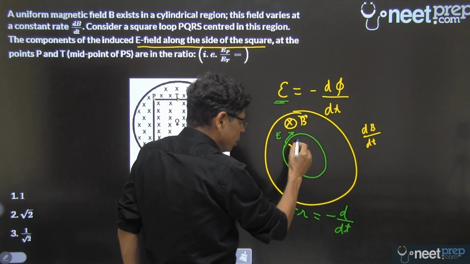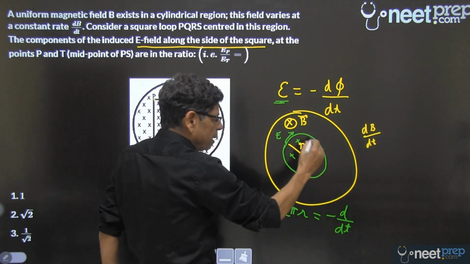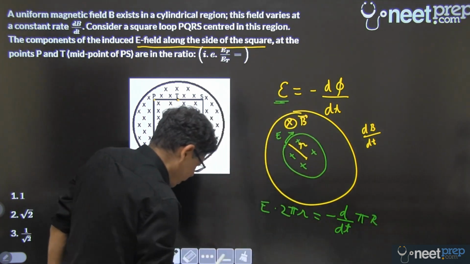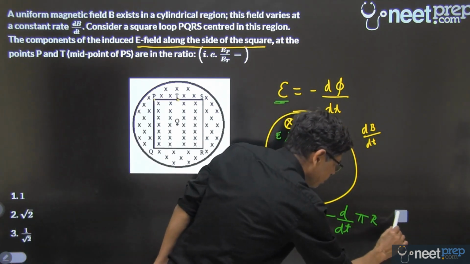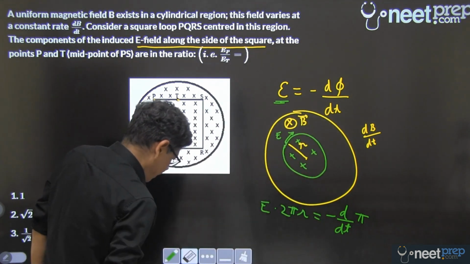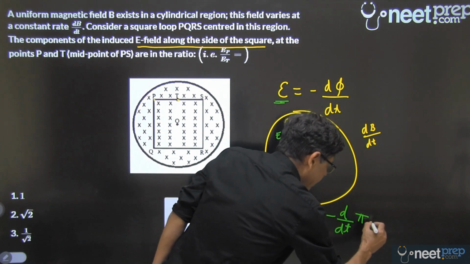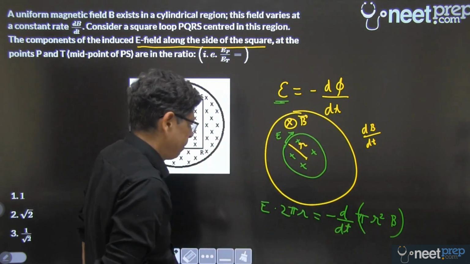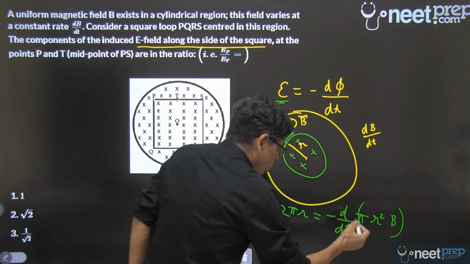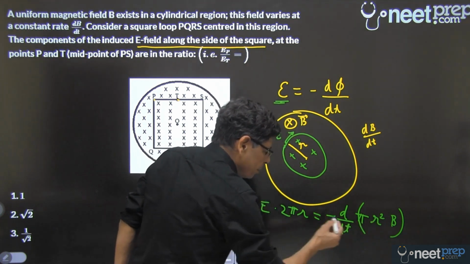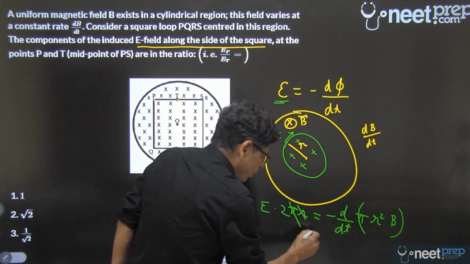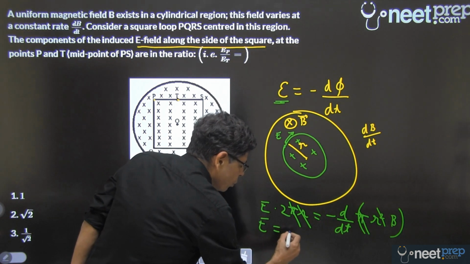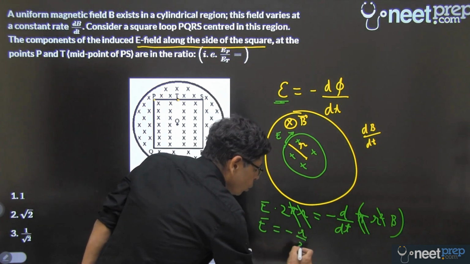The flux through this part is pi r square into B. Since pi and r square are constant with respect to time, they will be dragged out, and then pi and one copy of r will cancel. So from here we get E is equal to minus r by 2 dB by dt.